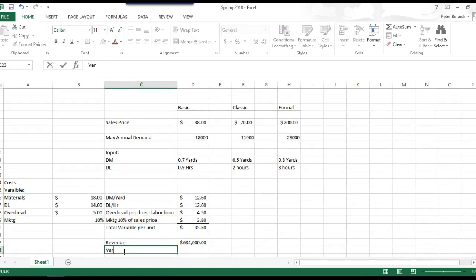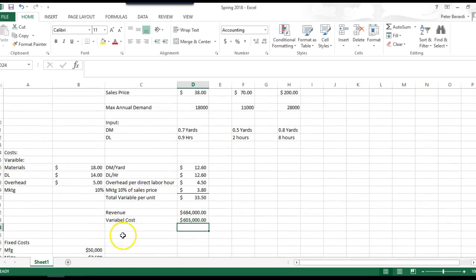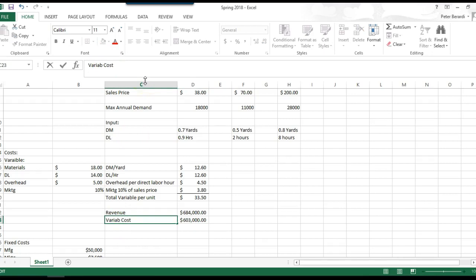Our variable cost is simply our variable cost per unit times demand units. Our fixed cost is fixed.